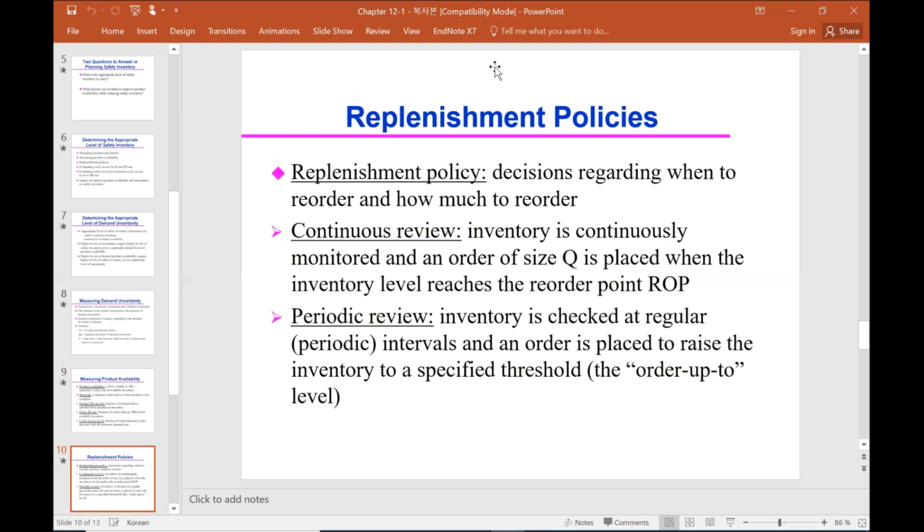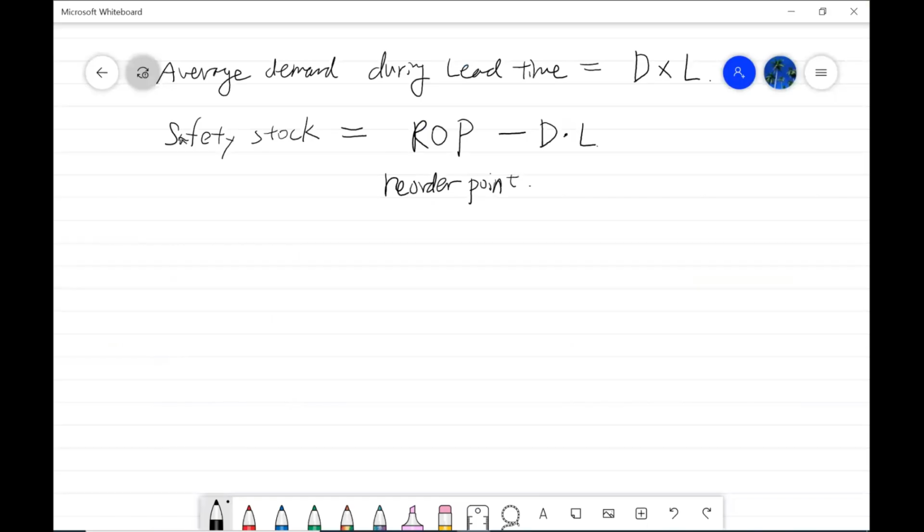The two most important decisions regarding any kind of inventory system are, first, how much to order. That's the first one. The second most important decision in inventory management is when to order.